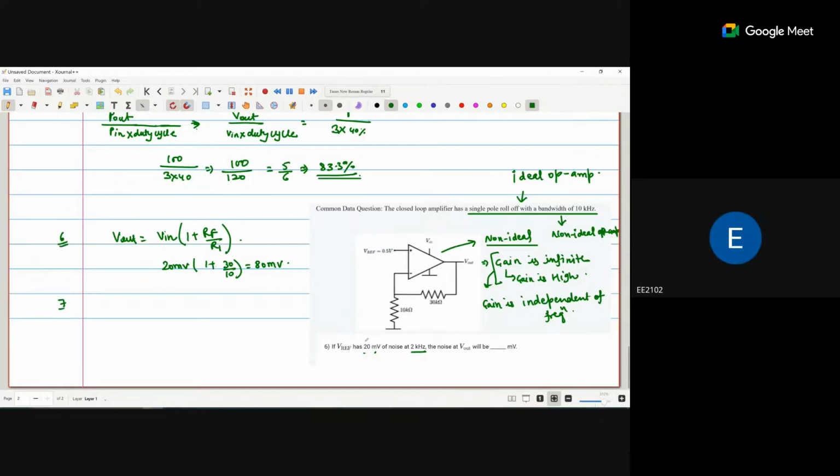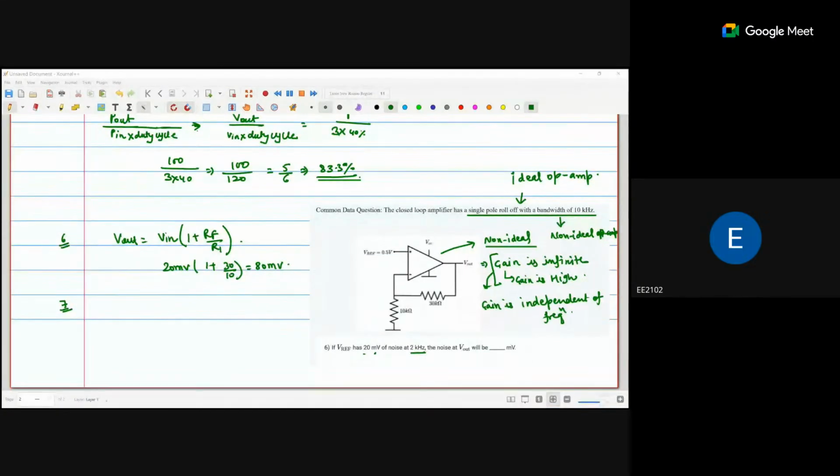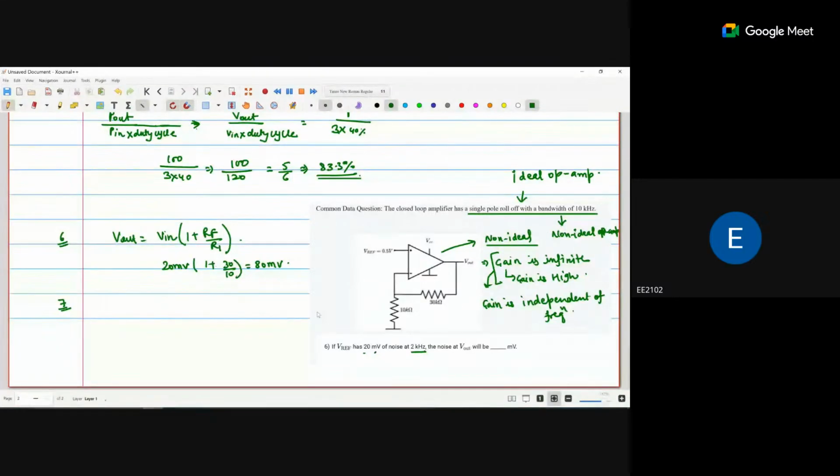Now in question number 7, the common data question, it says at 50 kilohertz. At 50 kilohertz, our op-amp is the non-ideal op-amp.